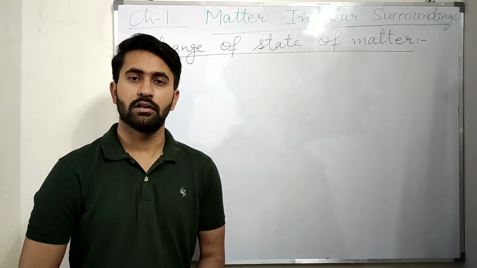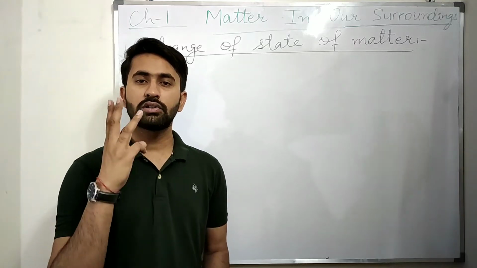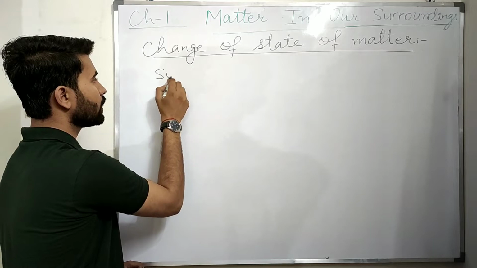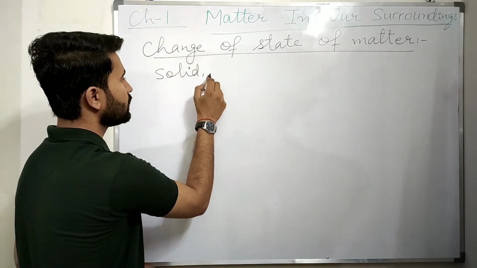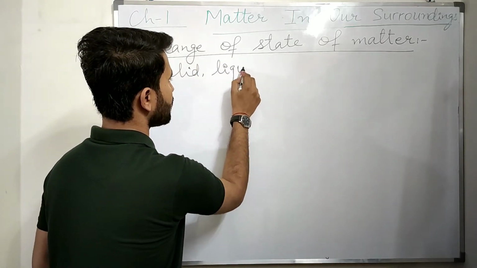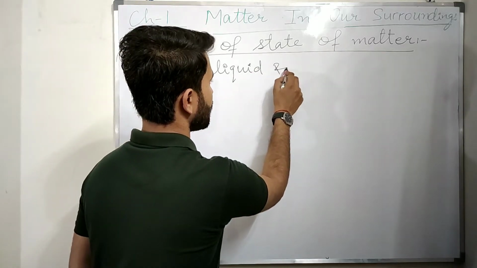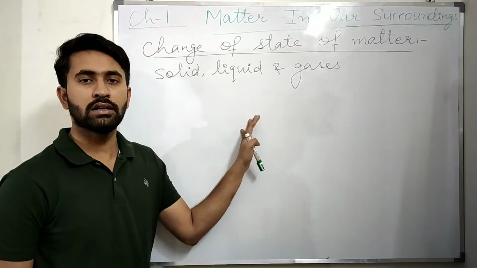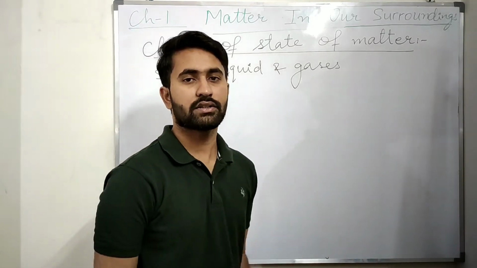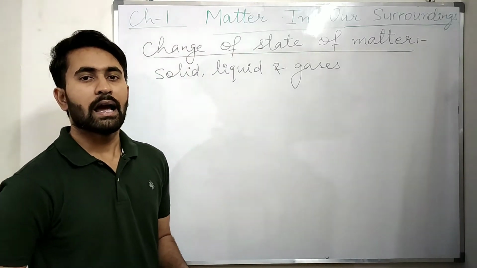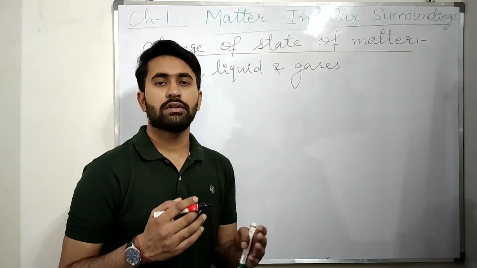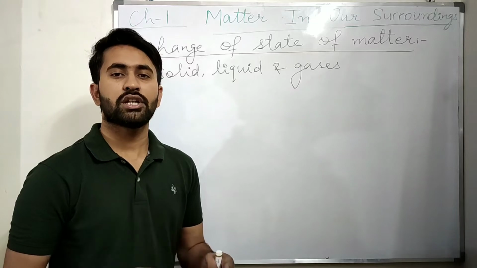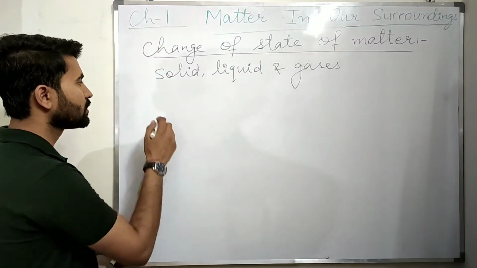In the chapter, we have read about 3 states of matter. They are solid, liquid, and gases. These are the 3 physical states of matter, and they can be converted into each other by the change in temperature.